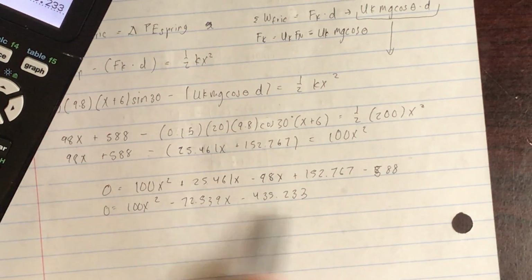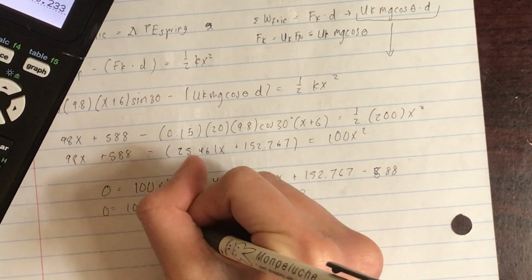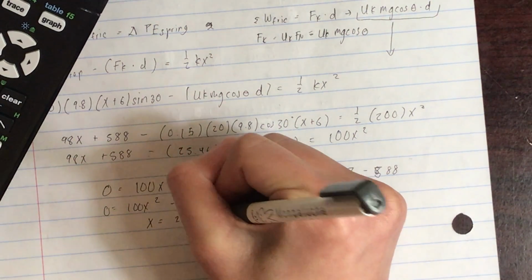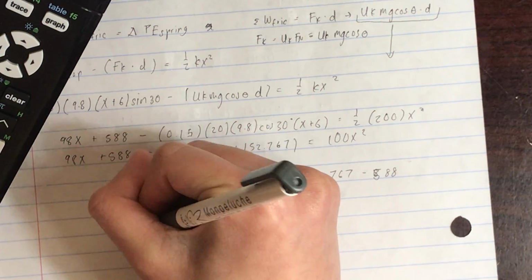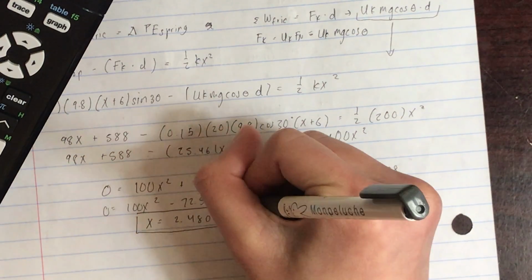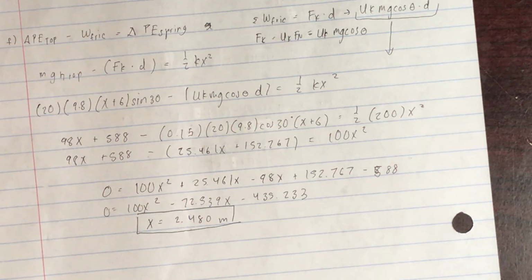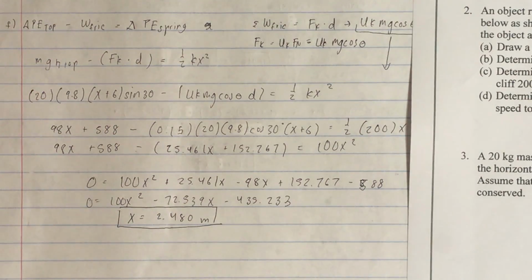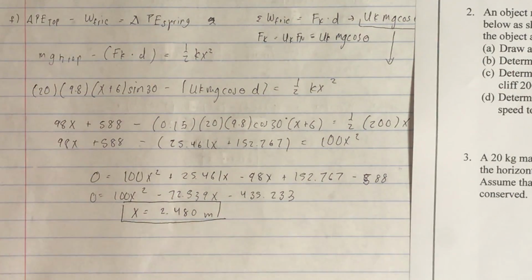And if we plug this into the quadratic solver, we'll have x equals 2.480 meters. So with the coefficient of friction on the inclined plane causing a force of friction, the new distance that the spring is compressed is 2.480 meters.